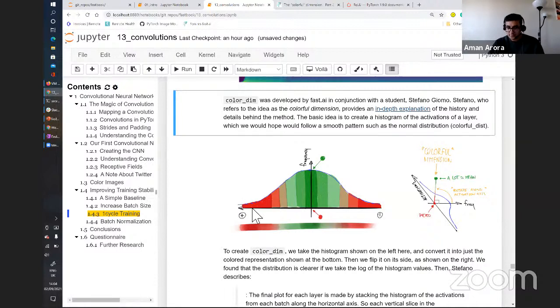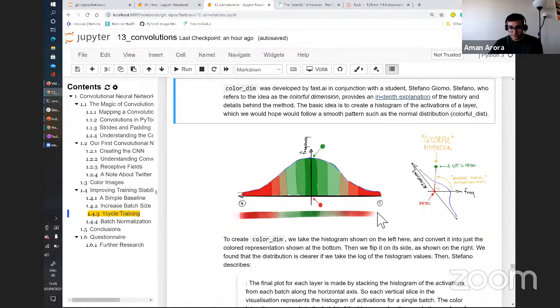So for a distribution like this one, you get the output at the bottom: red, red, red, green, green, green, and red, red, red. That just means there are not a lot of negative values, because it's all red, but there are a lot of values close to 0, and fewer values that are really high positive values.